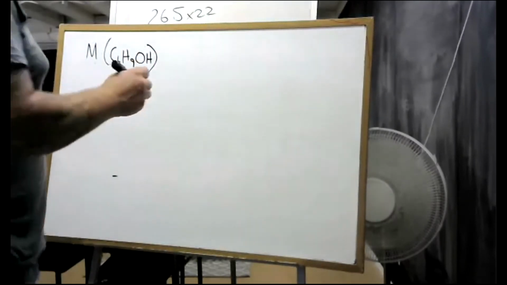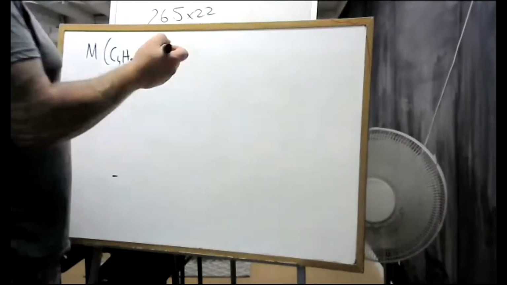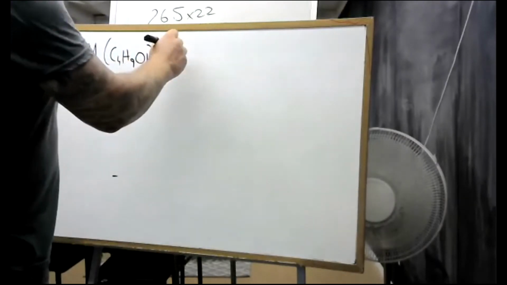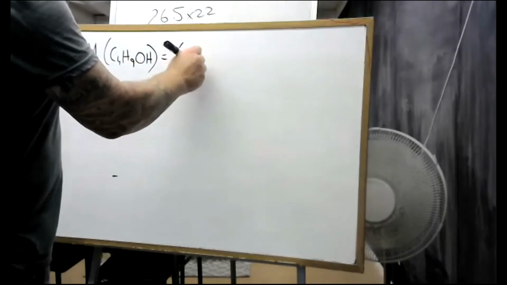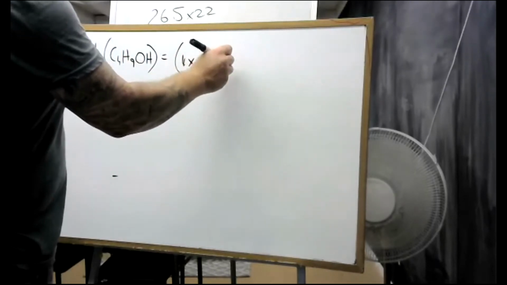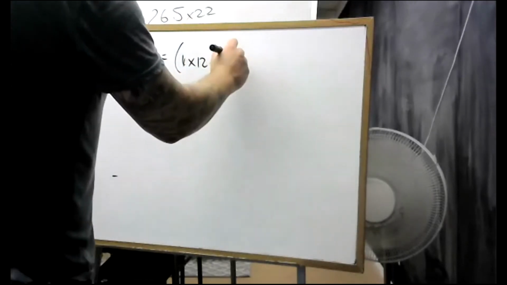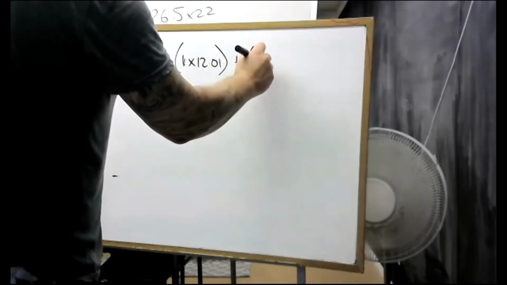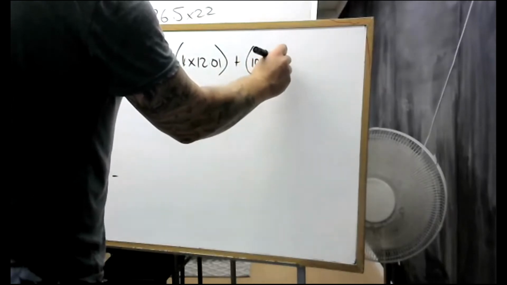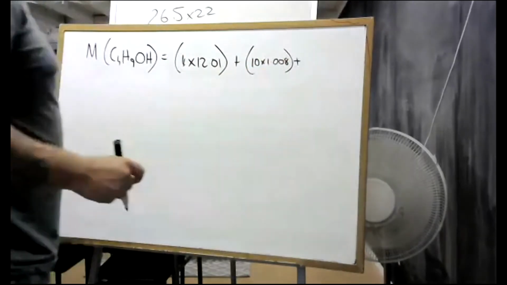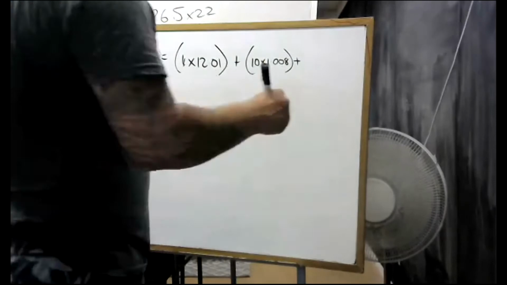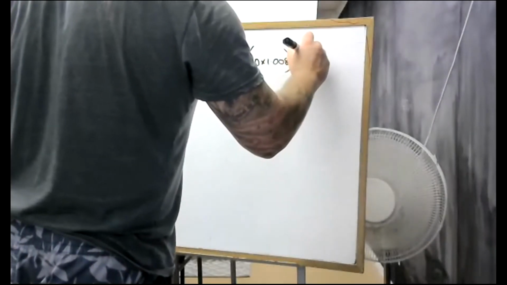So to find the number of moles, we first find the molar mass. We have 4 carbons, so 4 times 12.01. Then we've got 10 hydrogens. And 1 oxygen, which is 16.